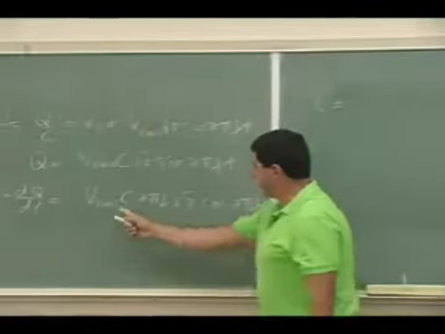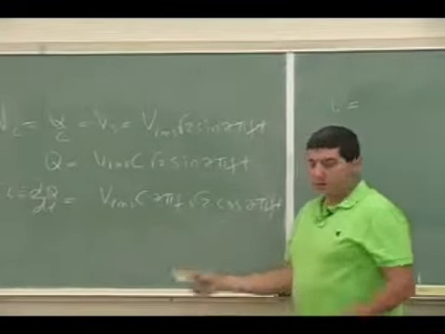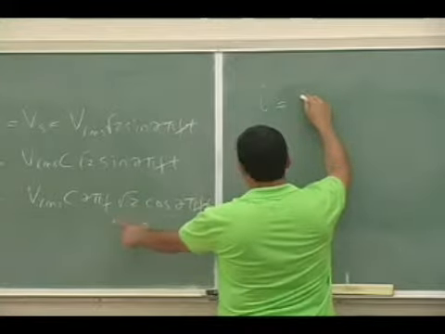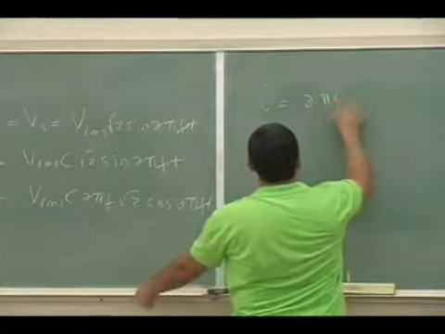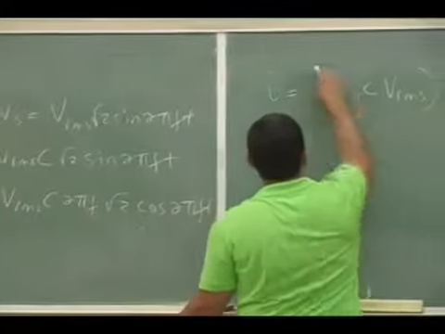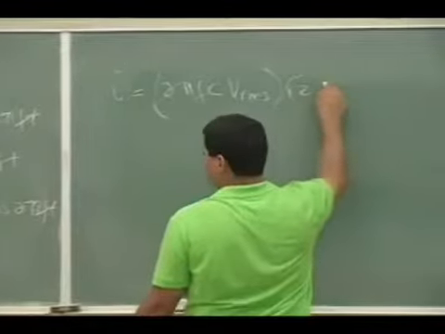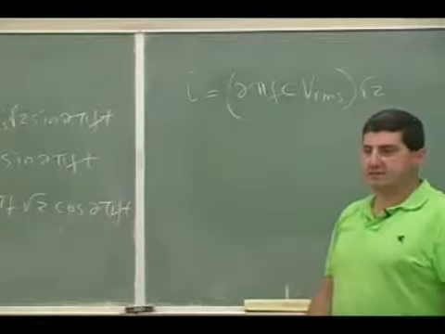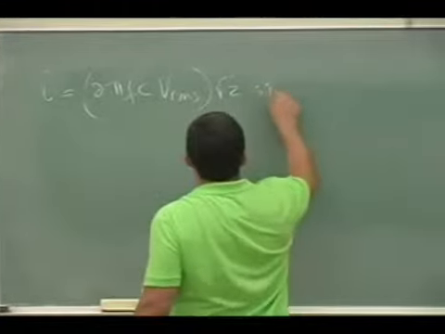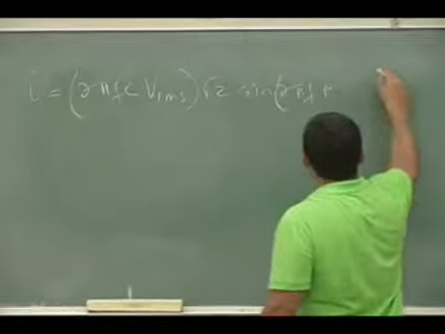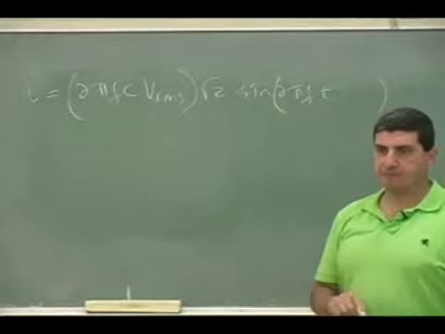So we've got this thing now in front, and we can rewrite this so that it's like this. 2 pi f c times V root mean square times root 2 times, and then can we rewrite this as a sine? Cosine is a sine 2 pi ft, and then what should I put here for the phase angle?